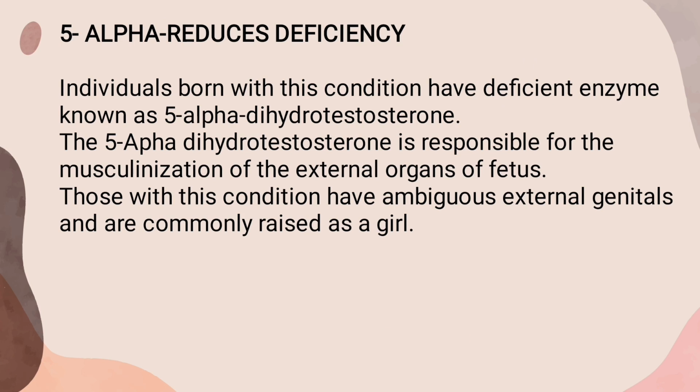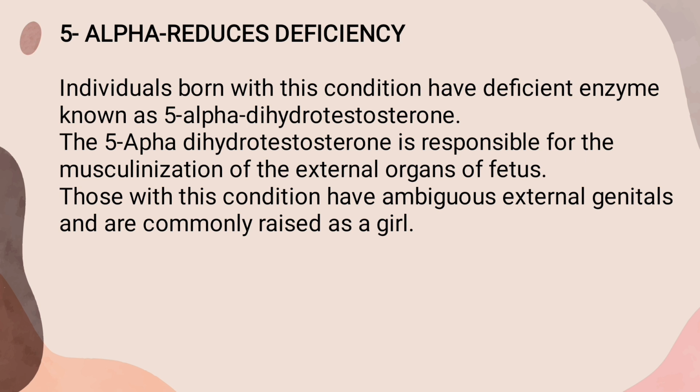5-alpha reductase deficiency. Individuals born with this condition have a deficient enzyme known as 5-alpha reductase. 5-alpha dihydrotestosterone is responsible for the masculinization of the external organs of the fetus.